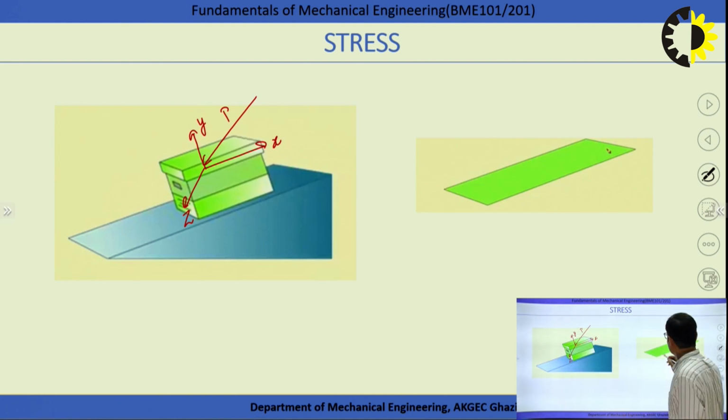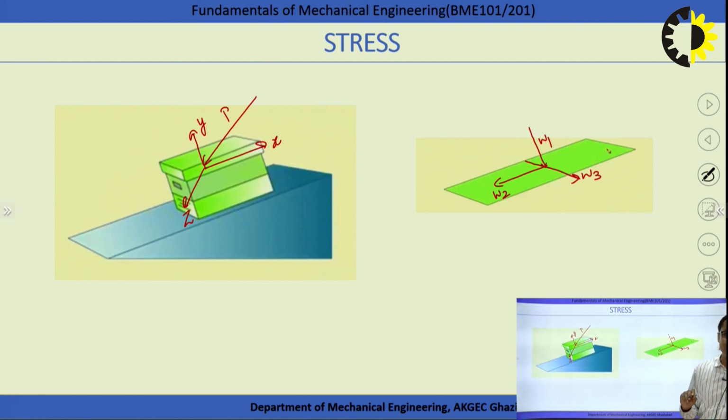One component is along this line, one is normal to this, and another one is like this. Suppose this is W1, this is W2, and this is W3.